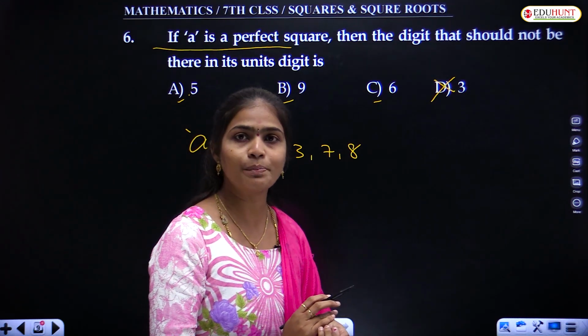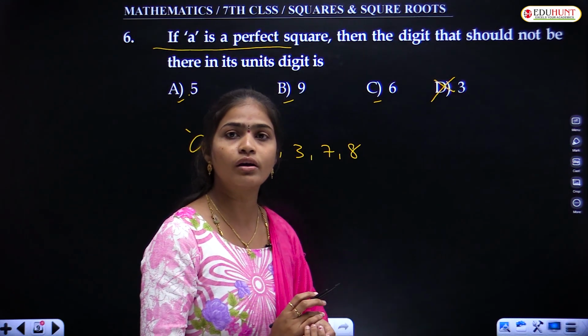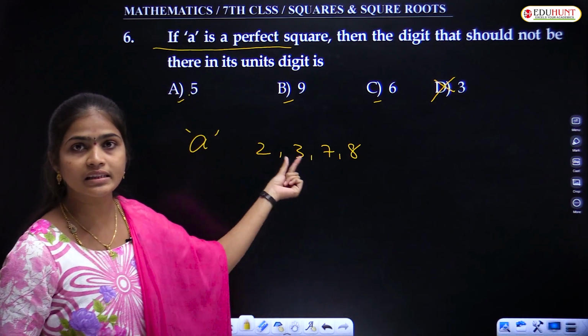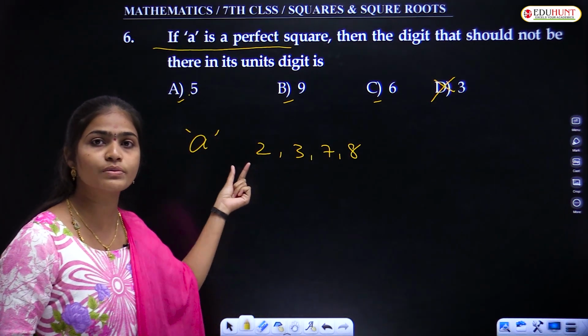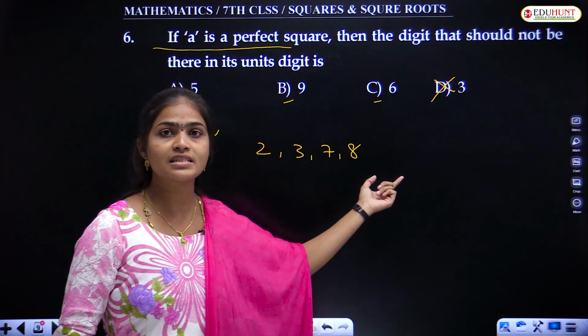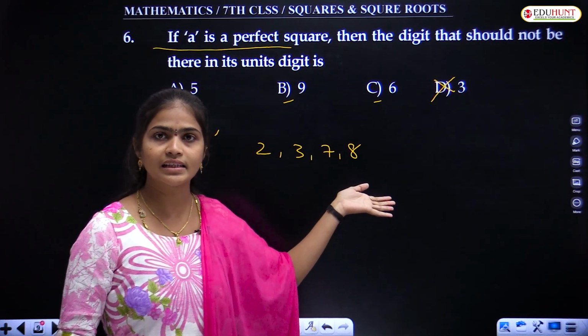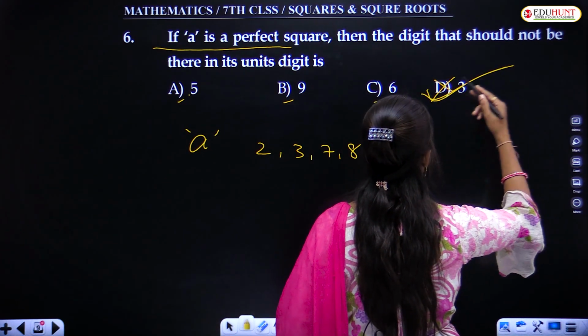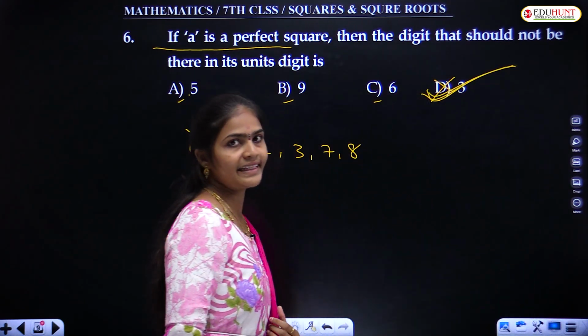Why? Because if it is a perfect square, it should not end with 3, and in the same way it should not end with 2, 7, or 8. Is it clear? Now which option is correct? That is option D, that is 3.